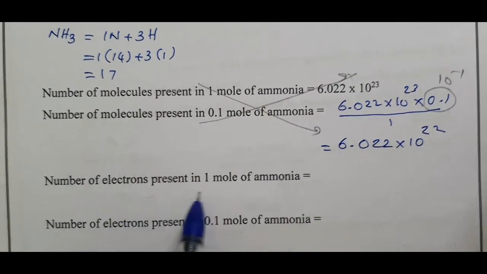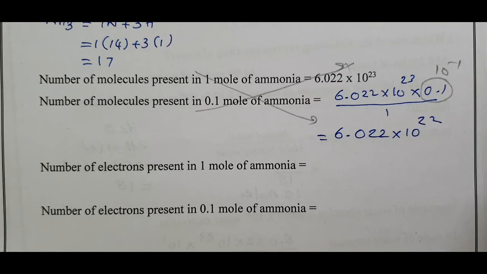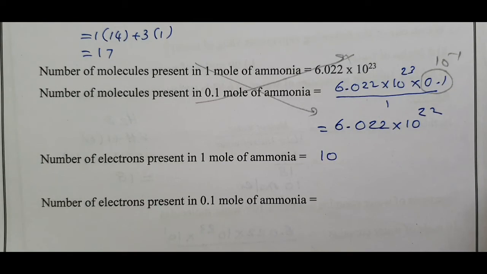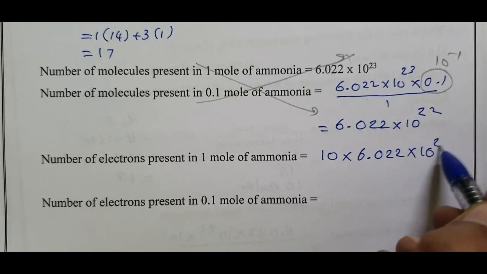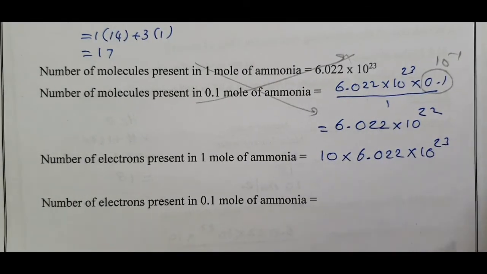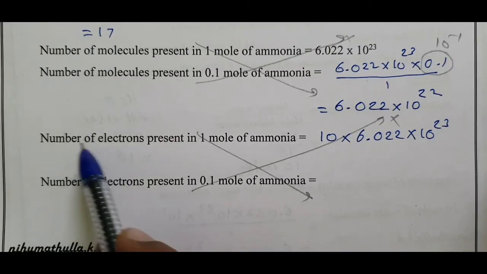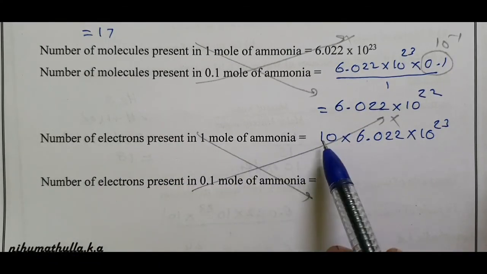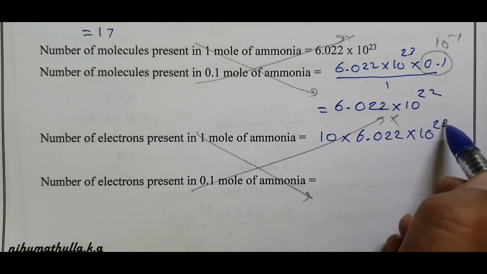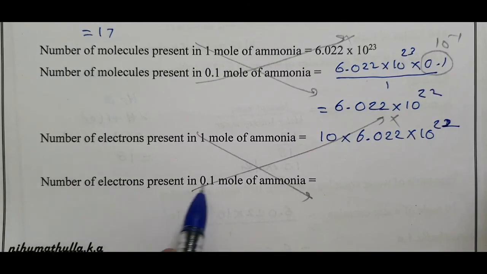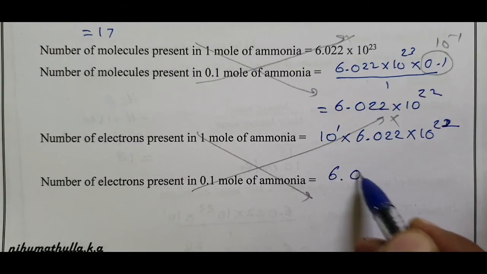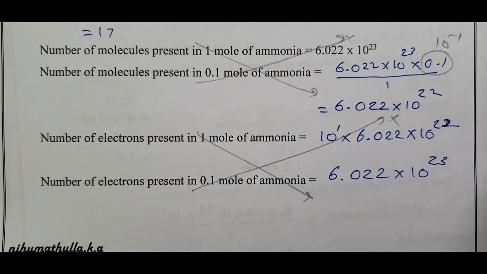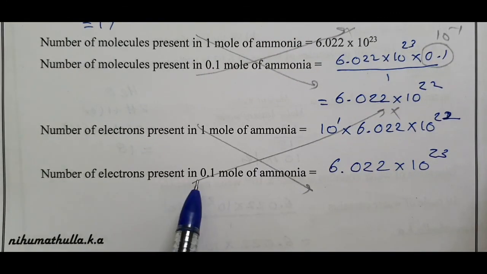The number of electrons present in 1 mole of ammonia is equal to 10 into the Avogadro number, 6.022 into 10 power 23. So, the number of electrons present in 0.1 mole of ammonia is 10 into 6.022 into 10 power 22, which is 6.022 into 10 power 23 electrons present in 0.1 mole of ammonia.